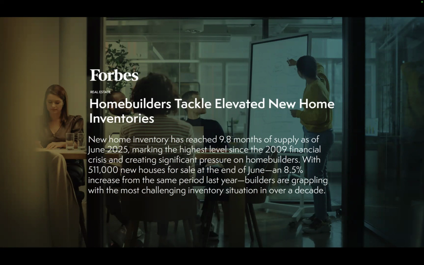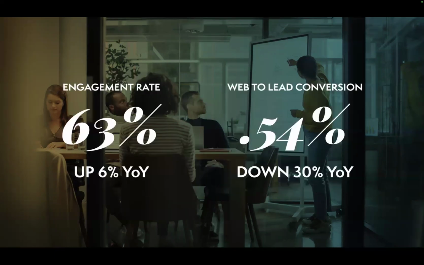But to put this article that's available on Forbes into a little more context, we have a portfolio of over 400 home builder and developer websites, which means we have all this data at our disposal.